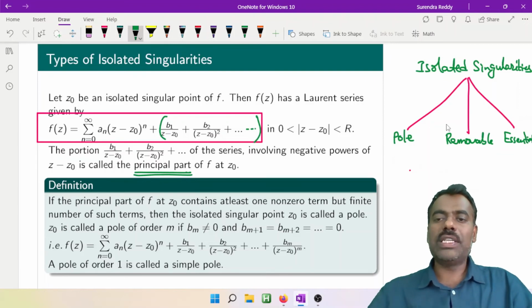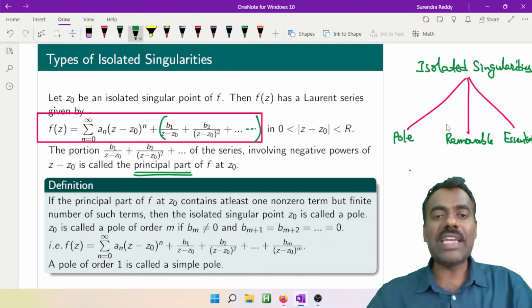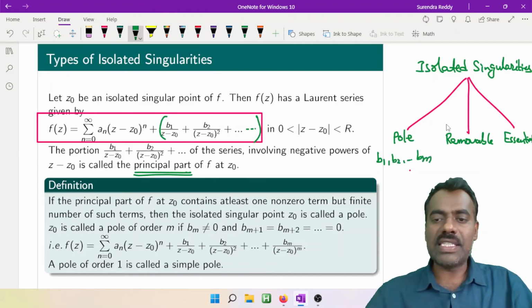Okay, what is meant by a pole? If this principal part contains non-zero but finitely many terms, suppose b1, b2 up to bm, in such a way that bm plus i is equal to 0 for all i greater than or equal to 1.